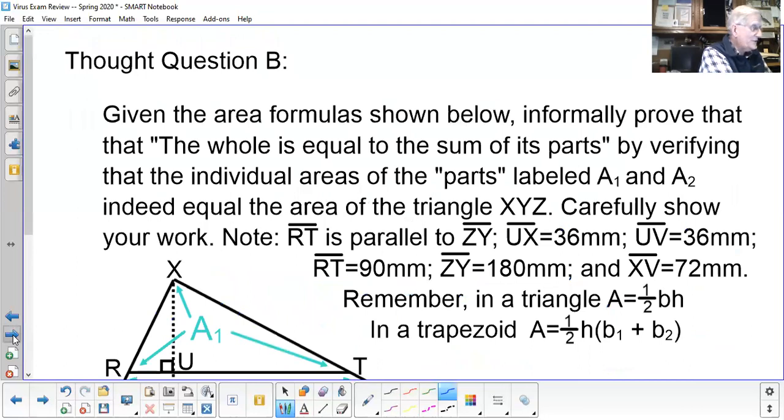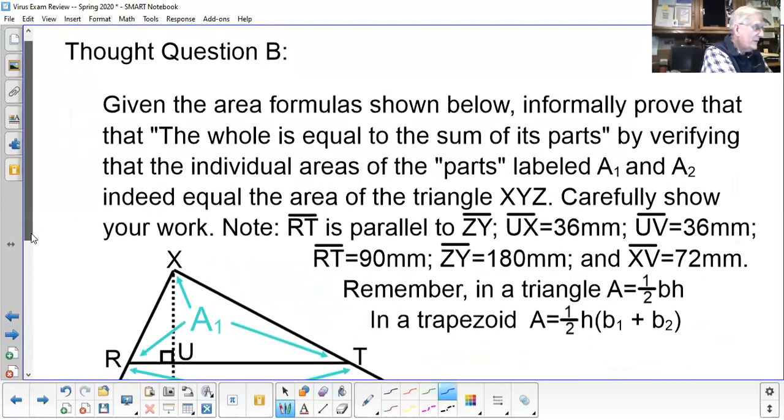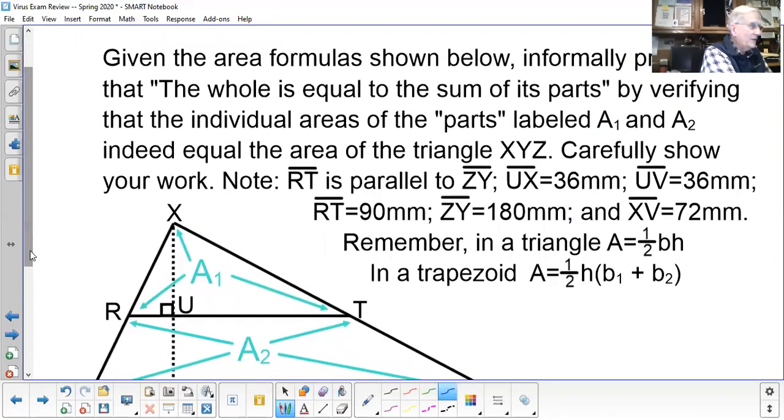Now, the next question is a little bit difficult and one that maybe you might not think of. But you will recall we talked earlier this semester about the fact that there is a law of mathematics which basically says the whole is always equal to the sum of its parts.